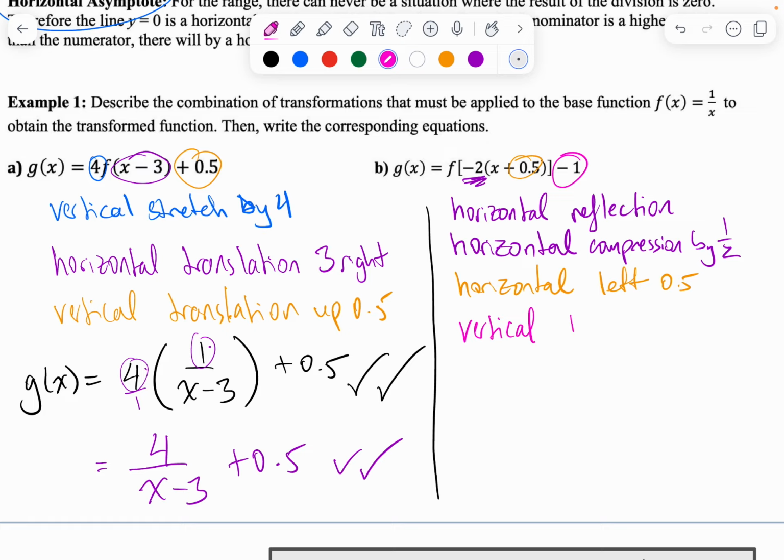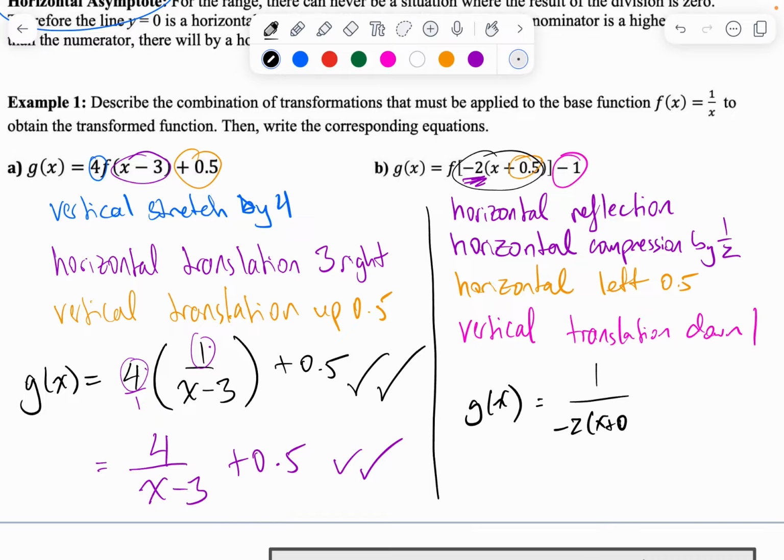And it's subtracting 1, so it's a translation down 1. So let's look at this equation. So normally it would be 1 over x, but now it's not just x, it's this whole thing. So -2x plus 0.5, and then -1. Okay?